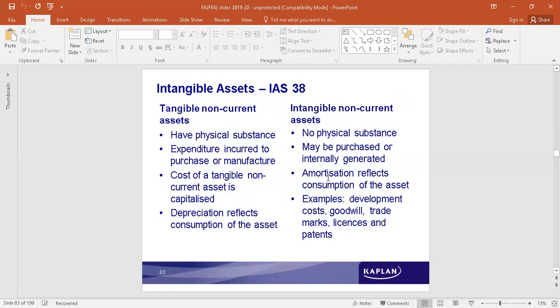Okay, now we're done with current assets. In case of current assets, we have discussed receivables.